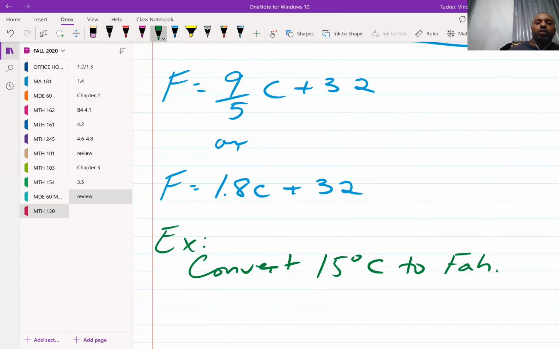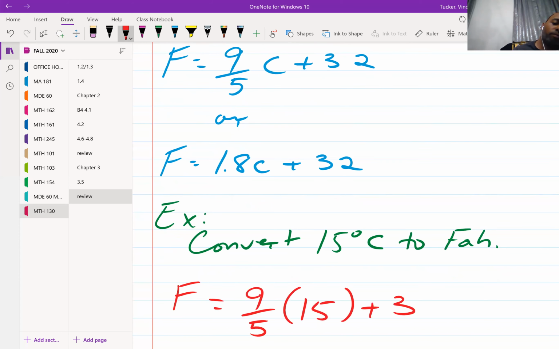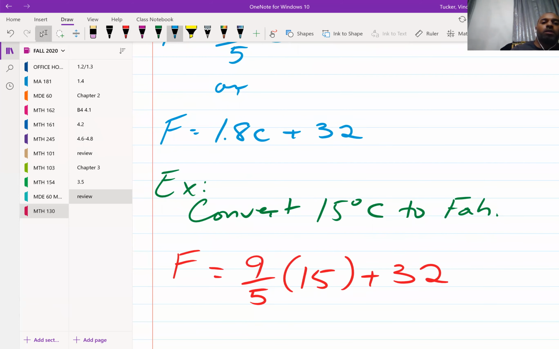All right, so the directions could be to convert 15 degrees Celsius to Fahrenheit. So you're going to take 15 and plug it into the equation where you see C. Now, as far as putting this into the calculator, there's 9 times 15 divided by 5. You can do it that way.